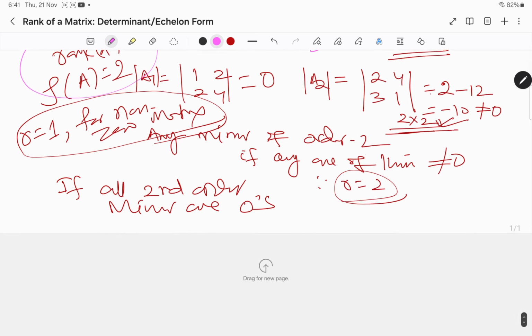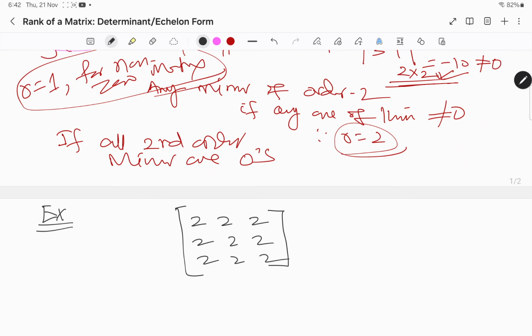For example, one more example: if you are given a matrix B like this, the order of this matrix is 3 cross 3, right? So the highest order minor here is 3. If I think of B itself, what is the determinant of B? The determinant of B is 0, so the rank cannot be 3 here.